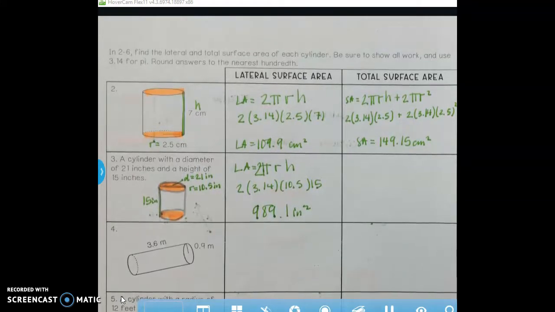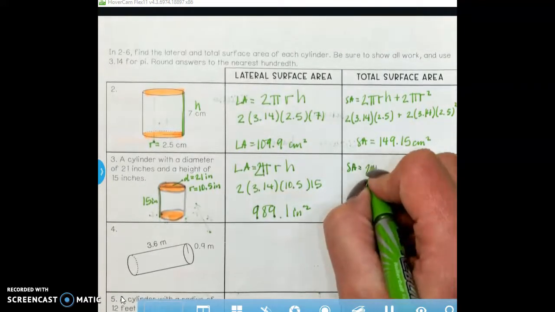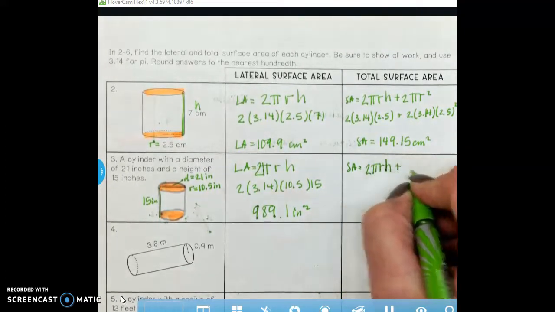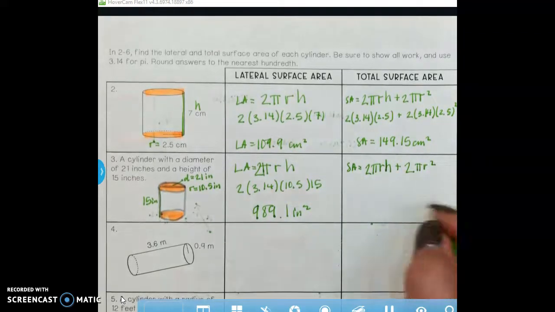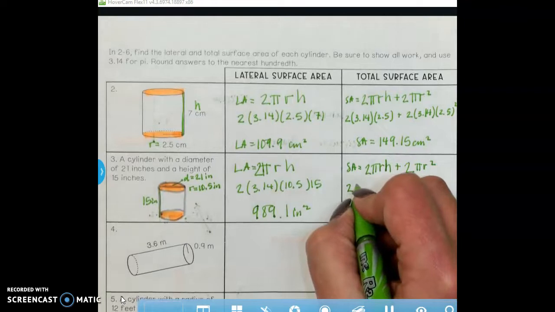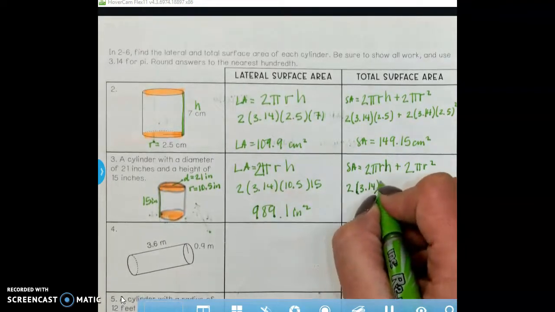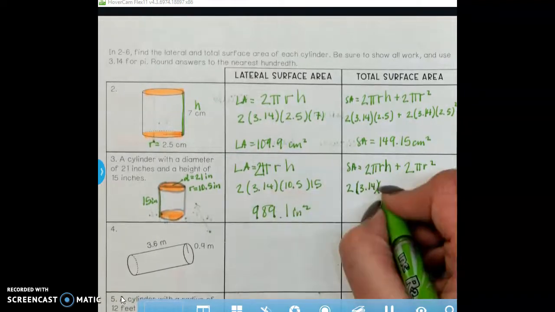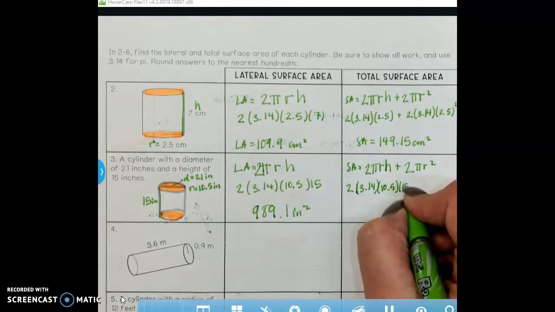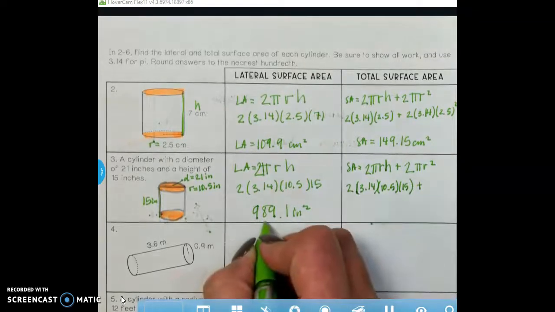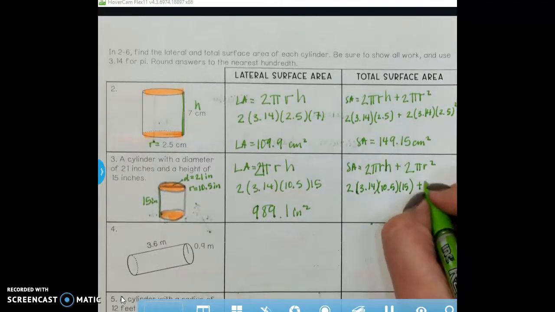Okay. For the total surface area, the process is very similar. It's lateral area plus 2 areas of circular bases. We are definitely welcome to copy the answer right here like we did earlier. So I am copying this down, but you definitely can say, well, can I just add 989.1? Absolutely.